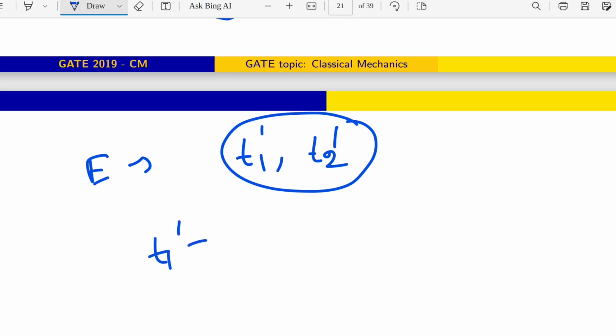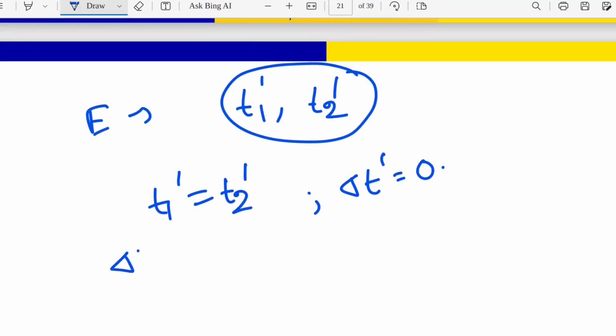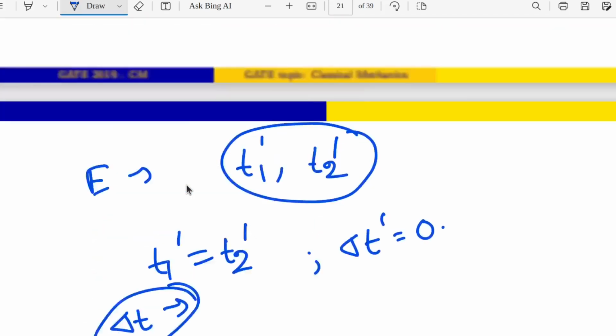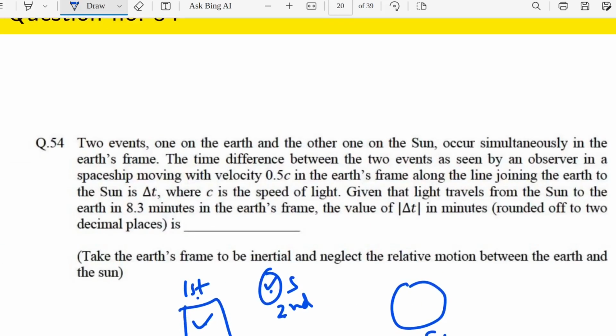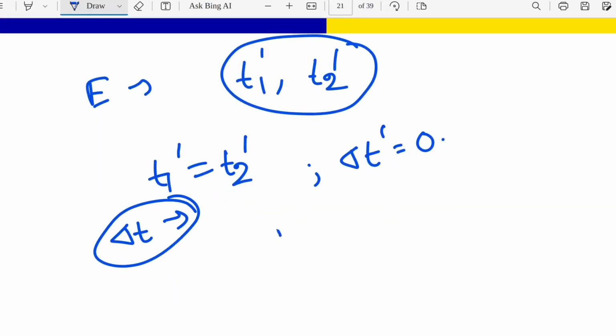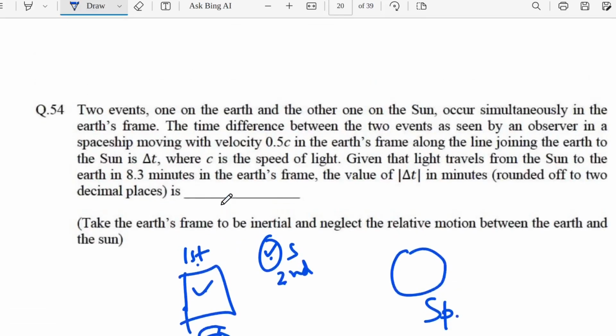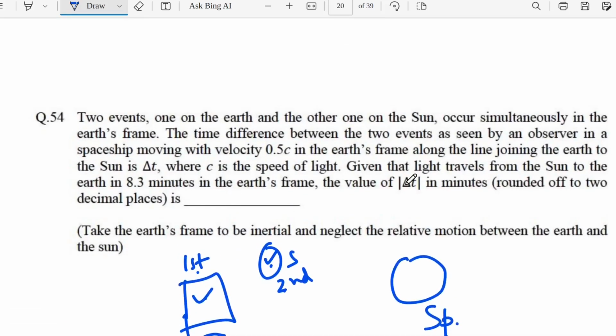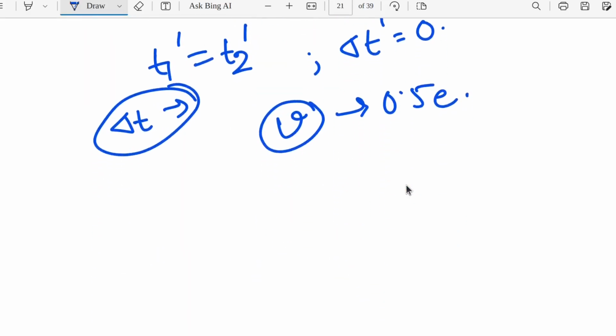That means T1 prime is equal to T2 prime, so delta T prime equals 0. And we have to find the value of delta T. The velocity of the spaceship is 0.5 c.